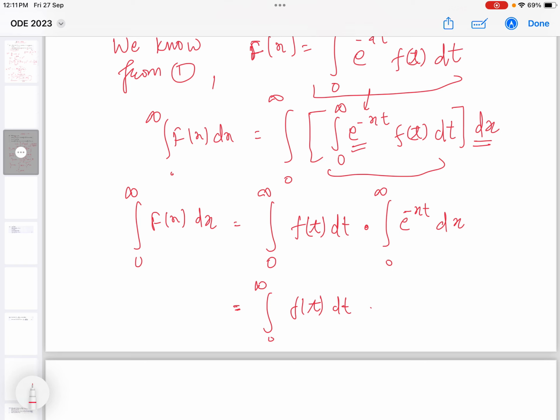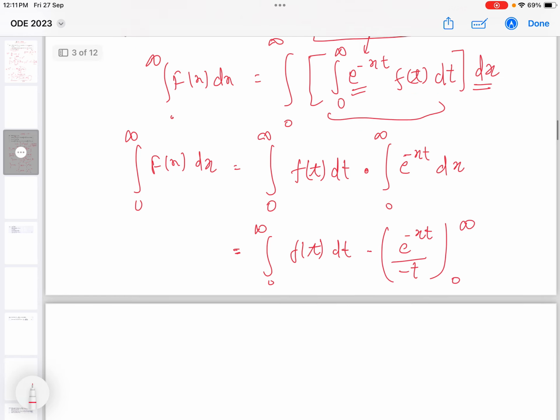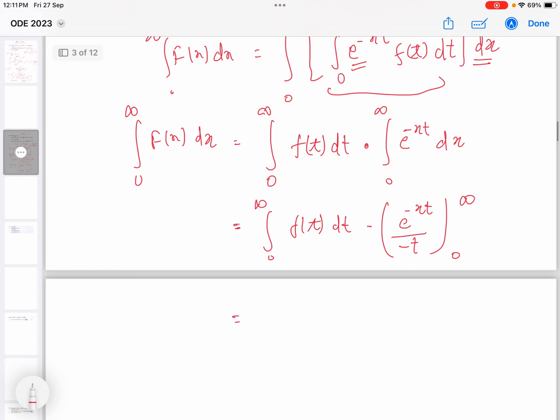So what it becomes is e to the power minus xt over minus t, integrating from limits 0 to infinity, times the integral from 0 to infinity of f of x dx. We just need to simplify things.